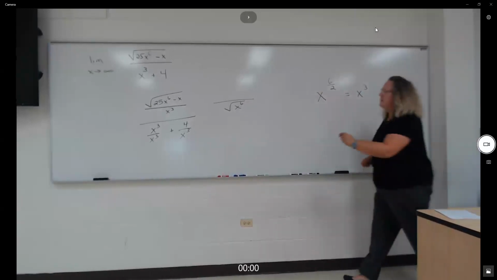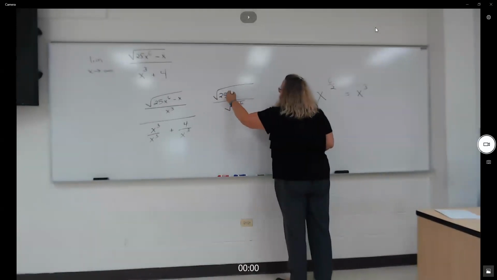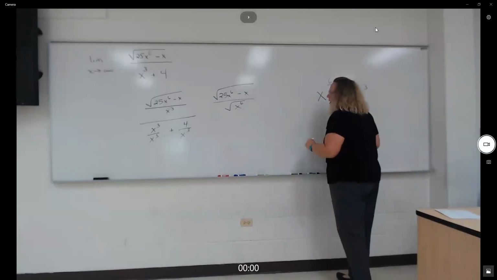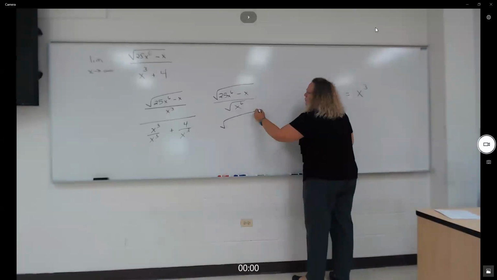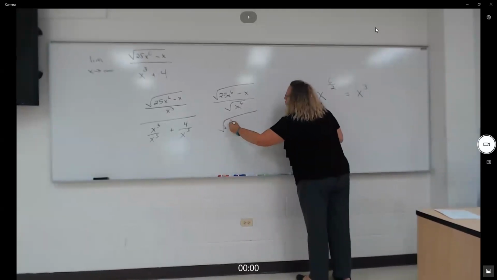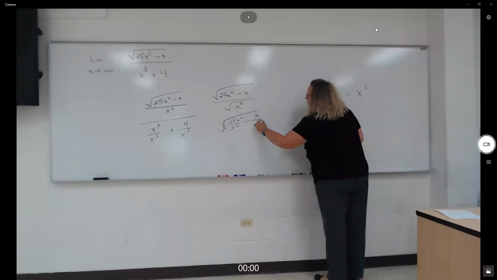But now that it's under a square root, now I can combine this and put it all together. Now I can do the square root of, it's going to be bigger because now I can bring it in. 25x^6 over x^6, minus x over x^6.